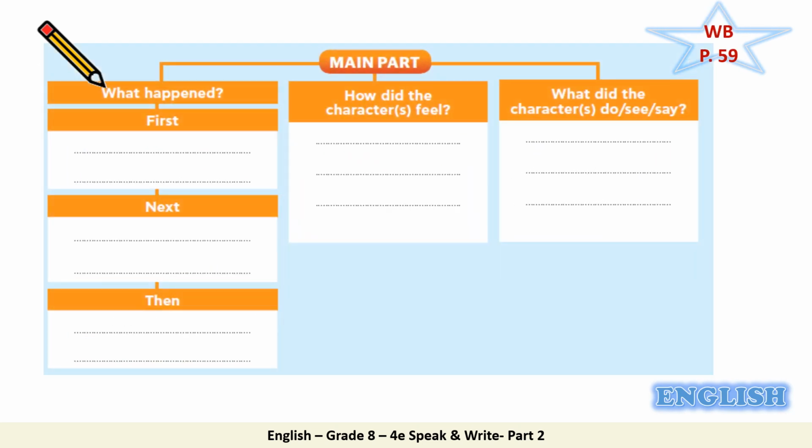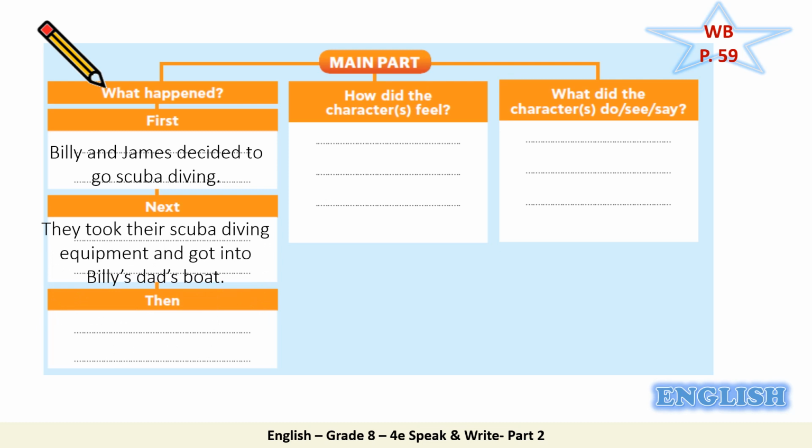Now let's have a look at the main part. What happened? That's right. Billy and James decided to go scuba diving. Next, they took their scuba diving equipment and got into Billy's dad's boat. Then, they put on their scuba diving gear and dived into the water. Then, how did the characters feel?